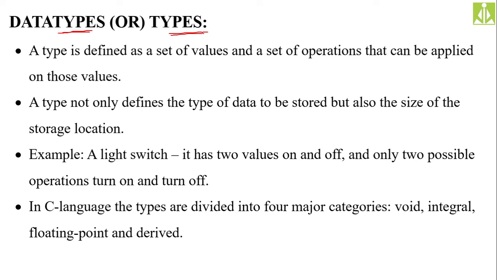Generally, a type is nothing but a set of values and a set of operations. Whenever we are taking a type of data, what exactly does this data mean? Data is a form of a sequence or collection of characters.